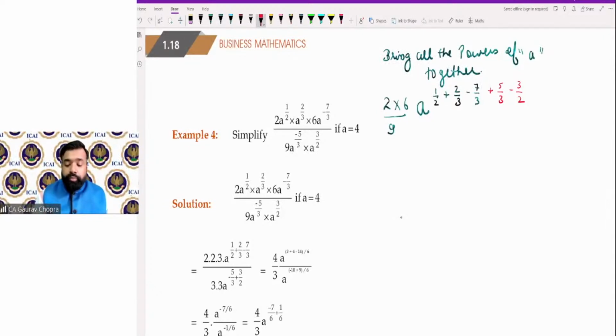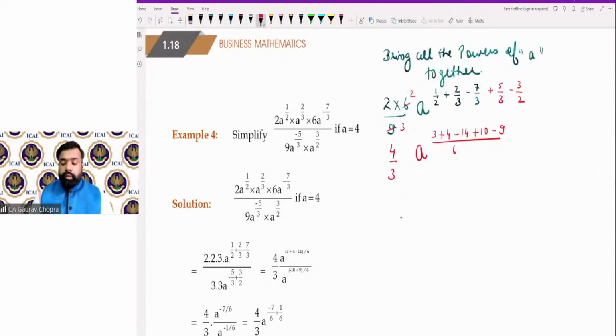Now simplify. Let us cancel 6 with the help of 3. So it will become 4 upon 3. Now in the power of a, you can take the LCM. For 3 and 2, the LCM will become 6. So a to the power of, with LCM taken as 6, it will be 3 plus 4 minus 14 plus 10 and minus 9.